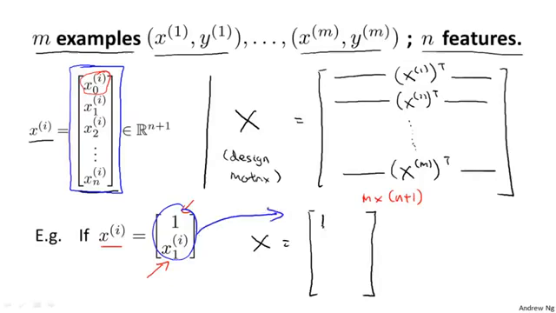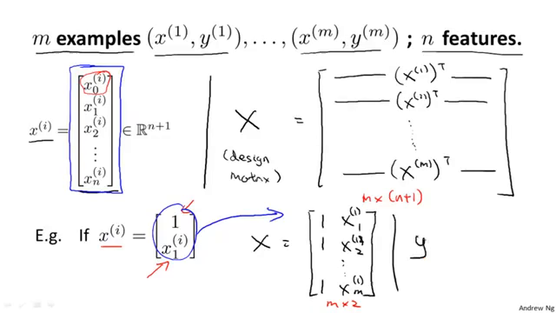So I'm going to end up with 1, and then x1(1). For the second row, I'm going to end up with 1, and then x1(2), and so on down to 1, and then x1(m). And thus this will be an m by 2 dimensional matrix. So that's how I construct the matrix X.